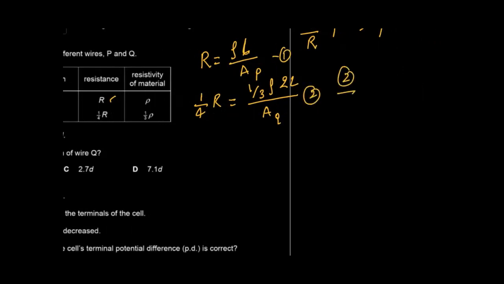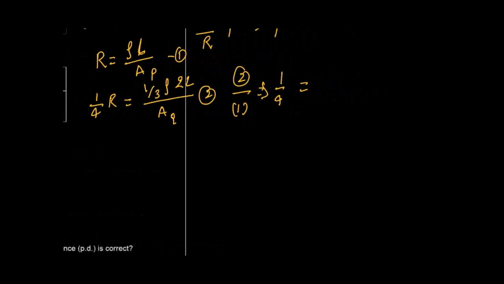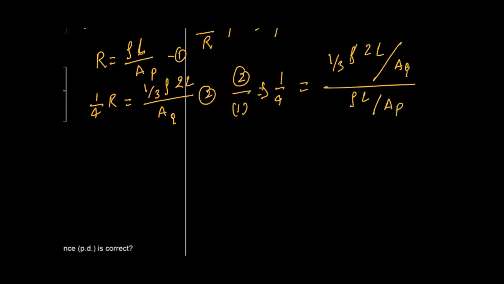If we divide equation 2 by equation 1, we get 1 by 4 is equal to, R will kill R, 1 by 3 rho into 2L upon AQ, divided by rho L by AP. So this rho will kill this rho, this L will kill this L.